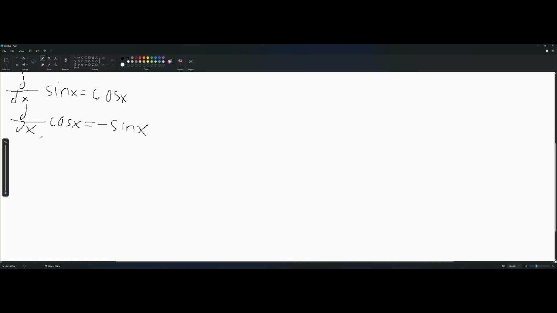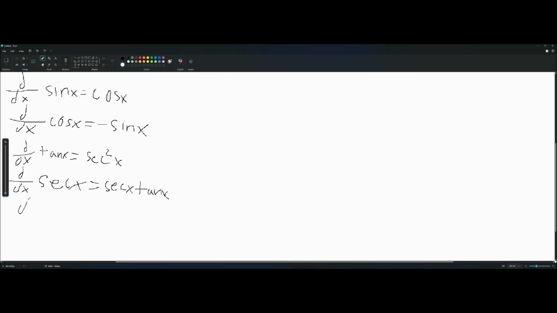And then the derivative of tangent of x is secant squared. And then the derivative of secant of x is secant tangent.